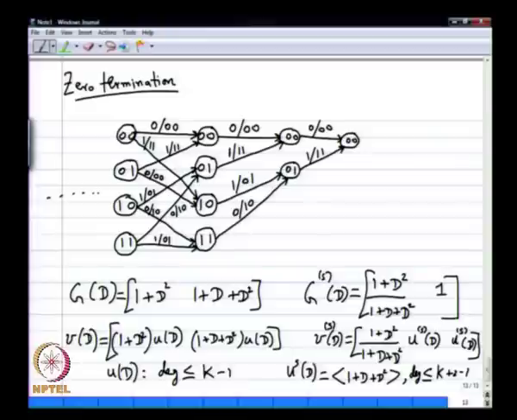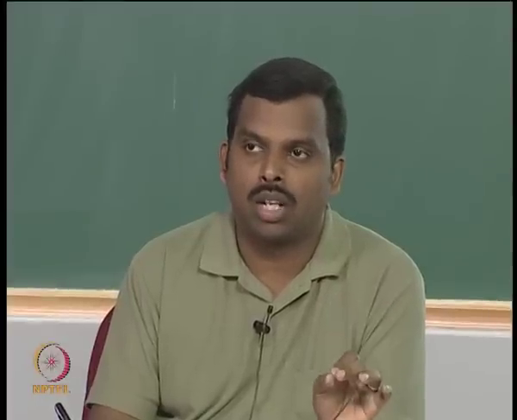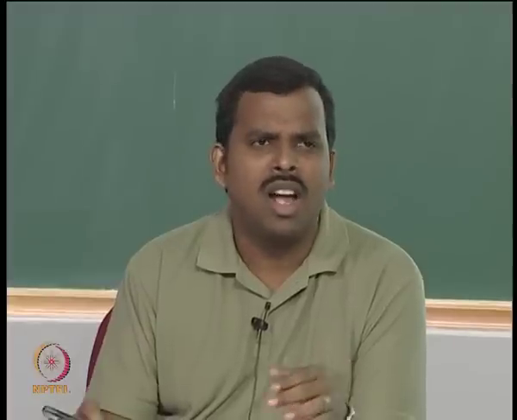Once I interpret it this way, both the code words will be exactly the same. If I do not do zero termination, then things will become more complicated. I cannot talk about equivalence between these two things in that case, because I am doing zero termination, both will be the same. The only thing that has changed is that my Us of d is now becoming a multiple of 1 plus d squared. How is that possible?